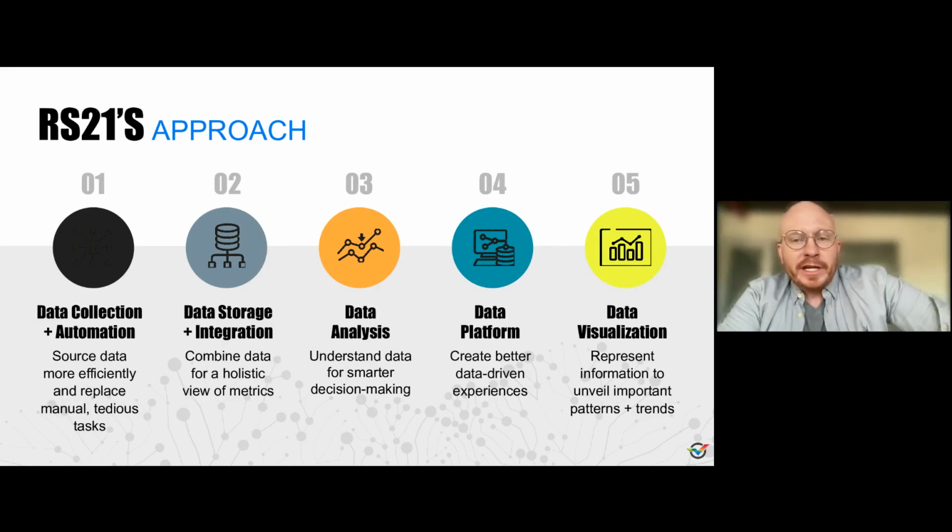Cool. Thanks, Anne-Marie. So when RS21 got to approach this problem, one of the things that we realized right away was that the data is being collected. It's just not at the fingertips, at the forefront of being able to analyze and make these relationship connections that we want those in charge to be able to do.